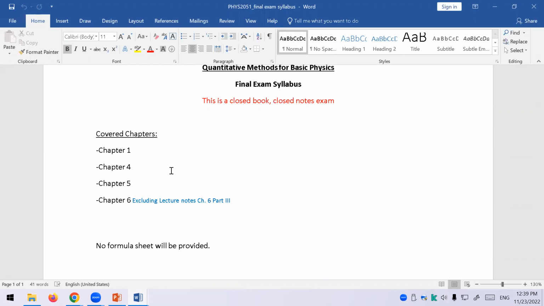We'll have chapter 4, differential equation, chapter 5, matrix, and chapter 6, the one that we are having. Chapter 6 is only up to part 1 and part 2. Part 1 I've just finished, and part 2 is the part that I'm going to talk about. Part 3 won't be covered.